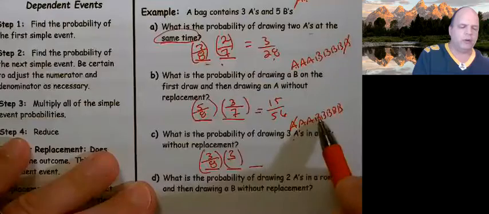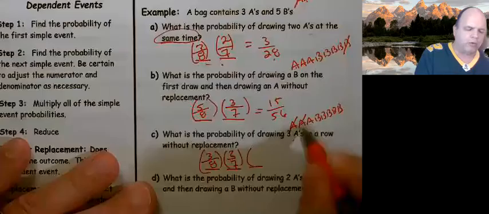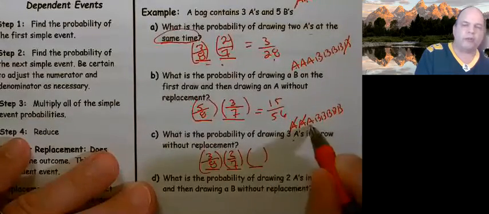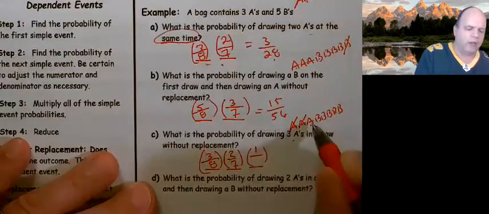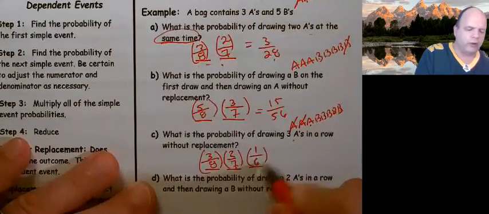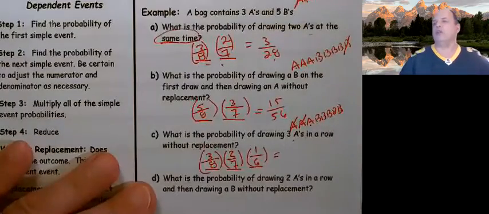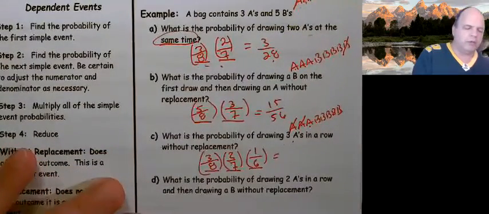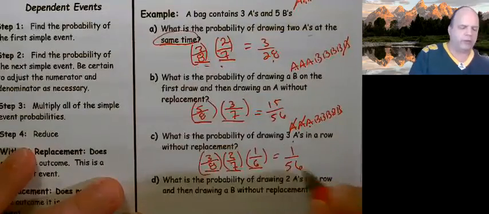And we have 1, 2, 3, 4, 5, 6, 7 letters. All right. But now that one's gone, and I draw, it's like, oh gosh, I only have 1 A left. And I have 1, 2, 3, 4, 5, 6 letters. And that right there would be work shown. And if you went straight to decimal, that's fine. But this is basically 1 over 56.